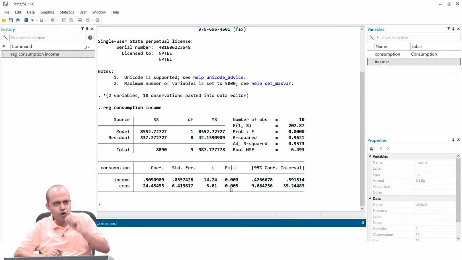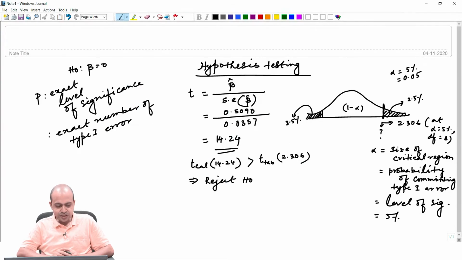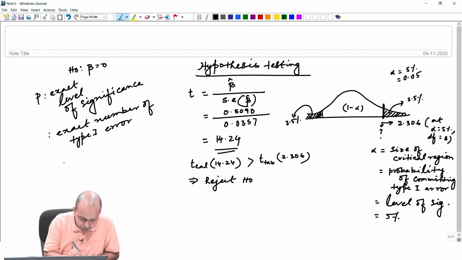It is such a small value that Stata is reporting it as 0. So, in 100 cases you may not commit any mistake, maybe in 1000 cases something like that. So, the probability of committing type 1 error is very small when your P value is small, right. So, based on the P value, statisticians or econometricians have made a simple rule. What is the rule? You have to multiply the P value with 100.